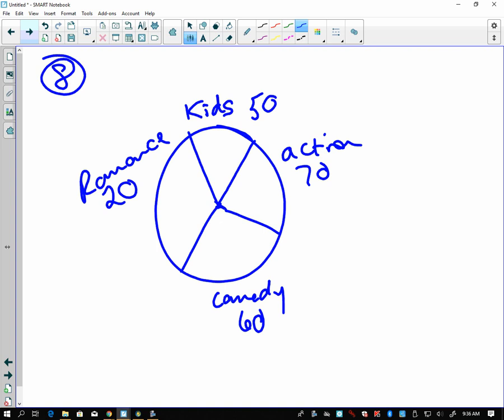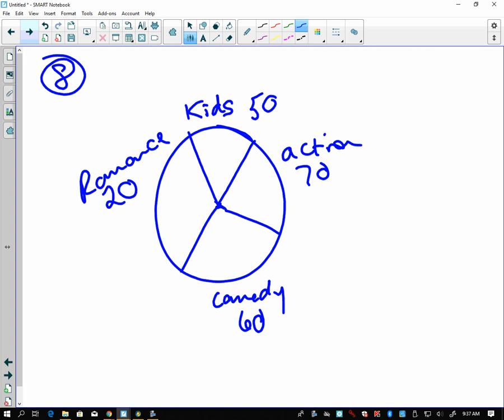Okay? We want to know, let's see. Actually, no, those are just numbers. Those are just numbers. All right? So you've got 50, 70, 60, 20, right? Because you should notice that those percentages would be over 100%, right?